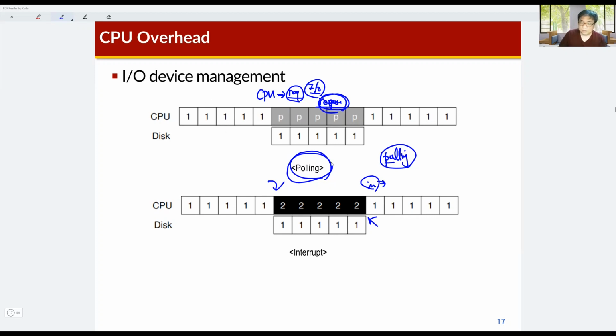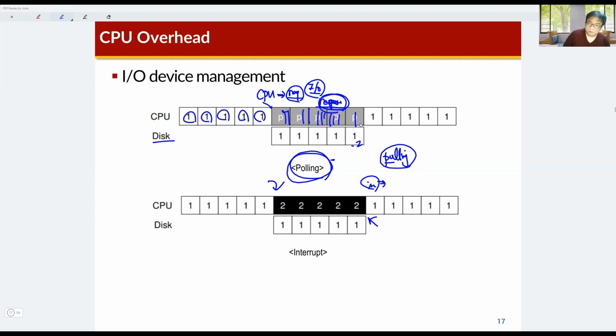So the polling-based control: the CPU is executing its own job and then gives a request to some I/O device, such as a disk, like a hard disk drive. Then the hard disk drive processes the request from the CPU, and then the CPU continuously checks the status of the hard disk drive.